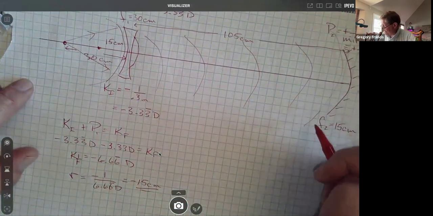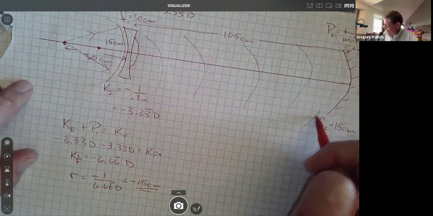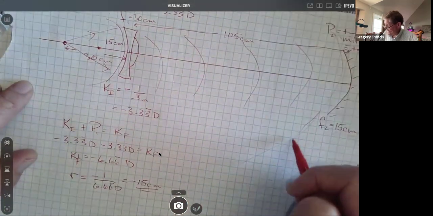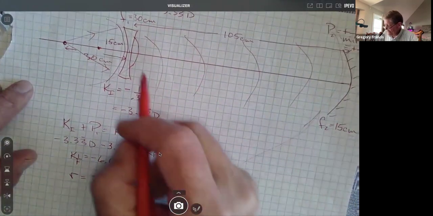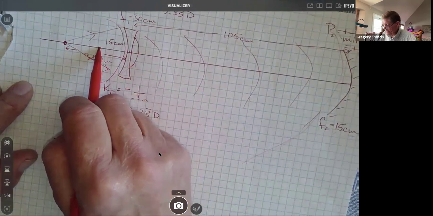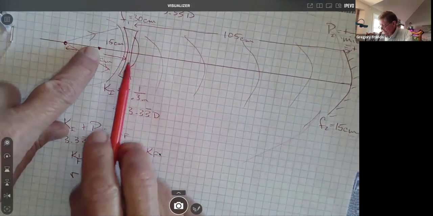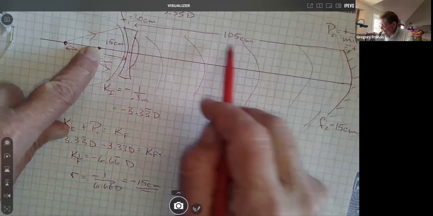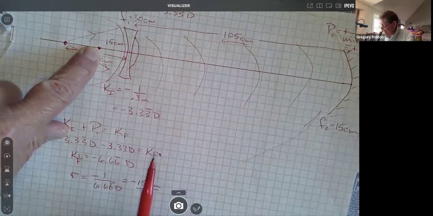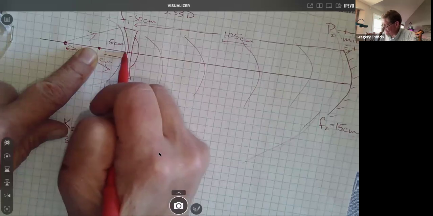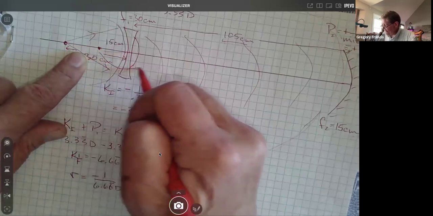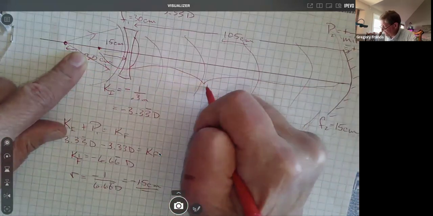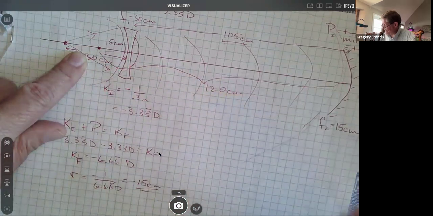Now, when it gets to that mirror, it's going to appear to be part of a circle. You know I can't draw, but that circle is centered back here, 15 centimeters behind the first lens. And so since this is 105 centimeters and this is 15 centimeters, the radius of this appears to be 120 centimeters.